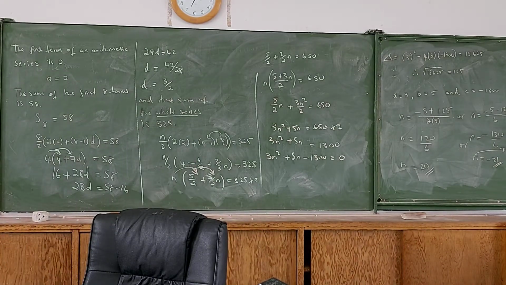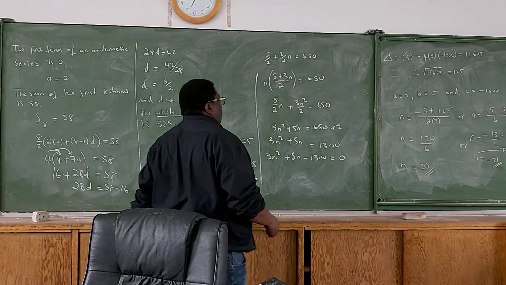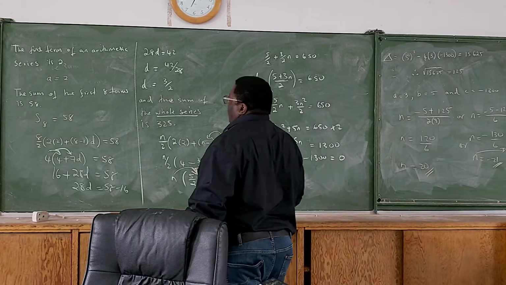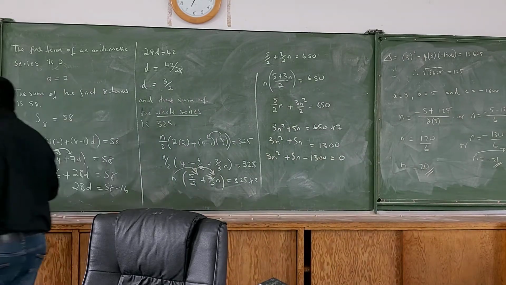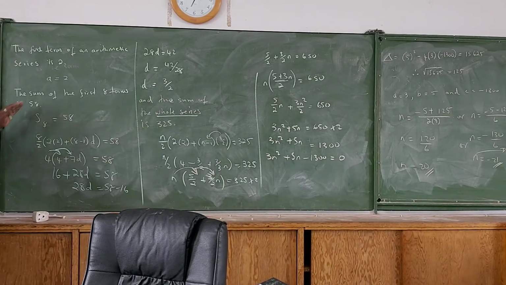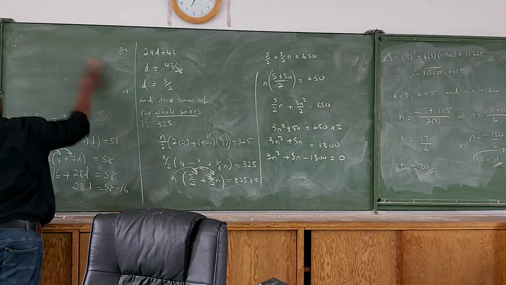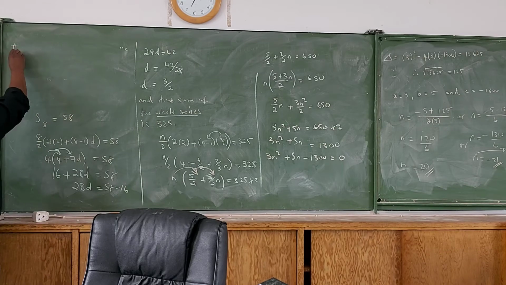So what is the last term? How do you find the last term? It's the 20th. So when the question asks for the last term, you have copied this part.